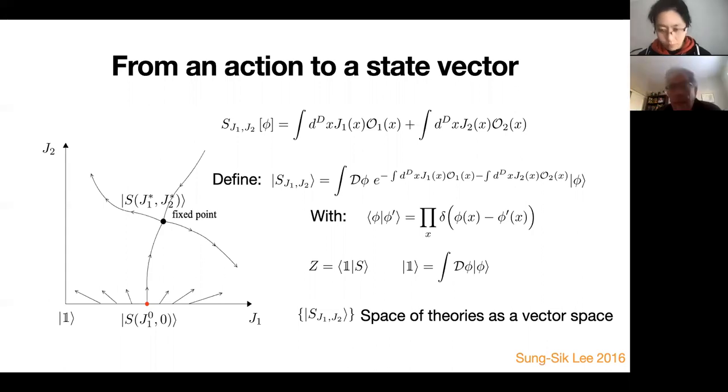But then what confuses me is that you also functionally integrate over phi, right? So phi is just a dummy variable. What you choose as phi doesn't matter since you're going to sum over all phi.